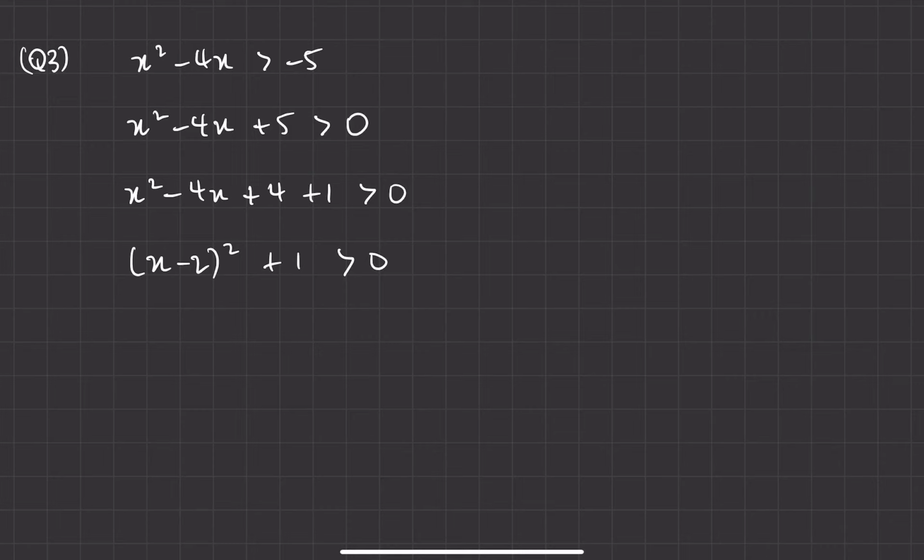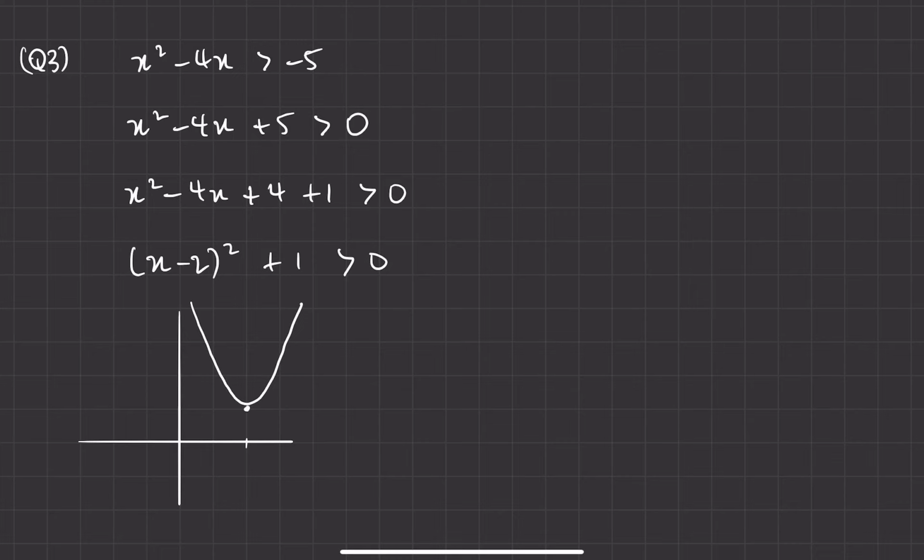Now, why is this useful? Well, we can see a quick graph from this one. We know that from a normal x squared parabola, we're going to go right 2 and then up 1. And that's basically where our parabola is.